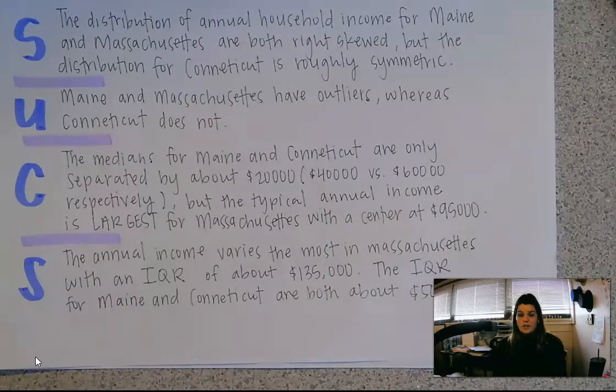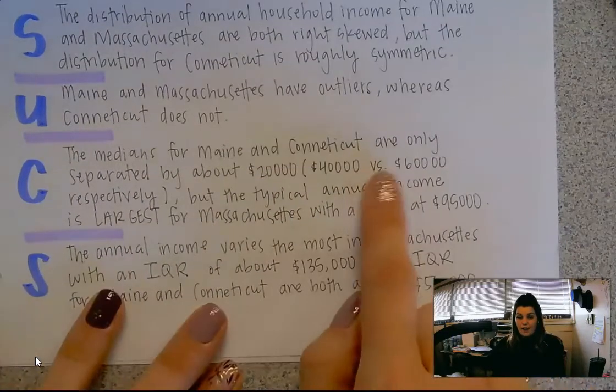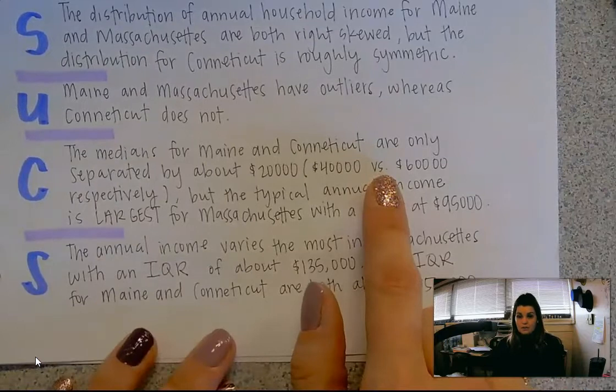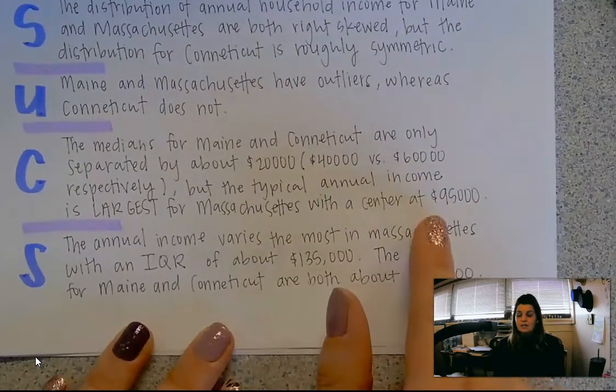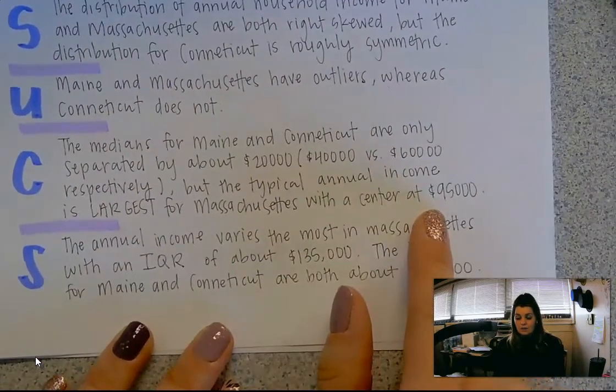The typical annual salary for Maine and Connecticut are close to each other, separated by only about $20,000, but the typical annual income for Massachusetts is the largest. And leave out these values. You don't have to specifically say 40,000, 60,000, 95,000.